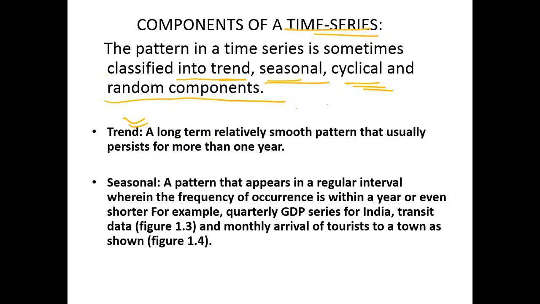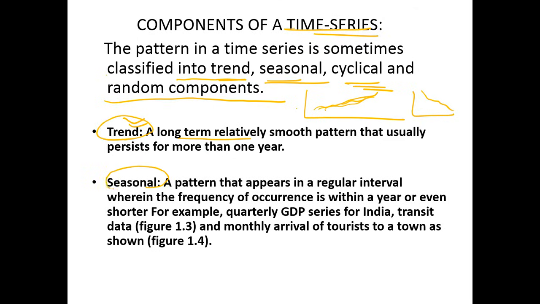The technical meaning is pretty much similar to the meaning in English, right? When we say trend, what comes to our mind is either an upward trend or a downward trend. If you use the definition, it's just a long-term pattern in the data, either upward, downward, or a mix of both. That's what we call trend.